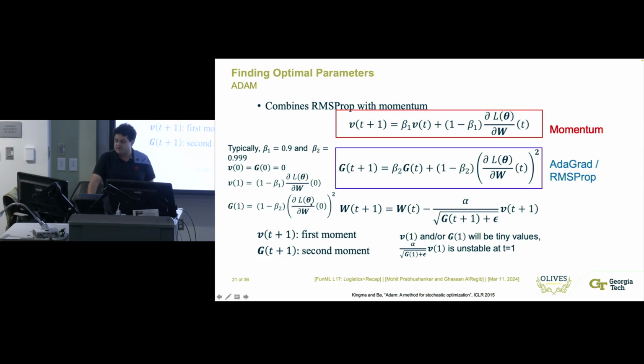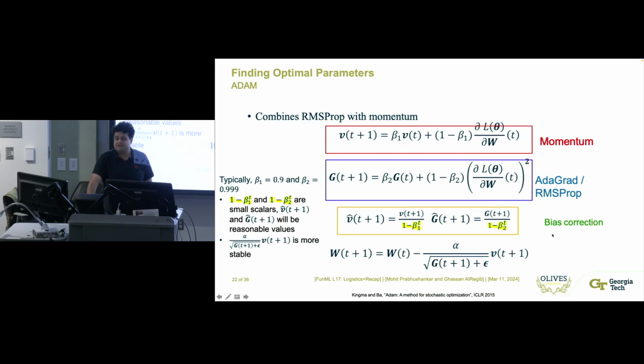The most important reason for that is something called bias correction. Bias correction is required in the first few iterations, similar to what was happening with RMS prop and Adagrad. Same thing happens here with Adam as well, because we have a momentum V of t plus 1 that is looking at the previous set of gradients, and we have the alpha parameter that is being decayed by G of t plus 1.